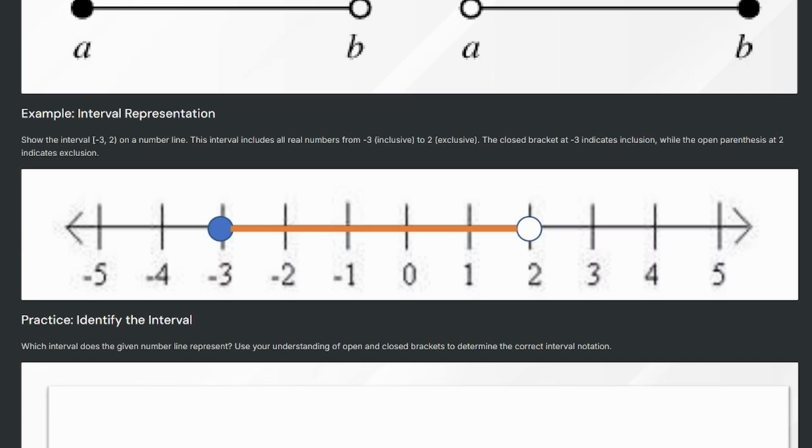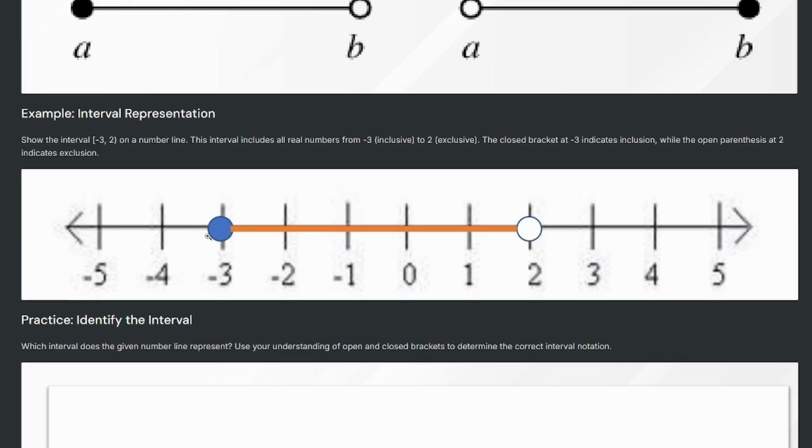For example, if you take this interval -3, 2, closed intervals are represented by square brackets, whereas round brackets represent open intervals. In number lines you can represent it like this.